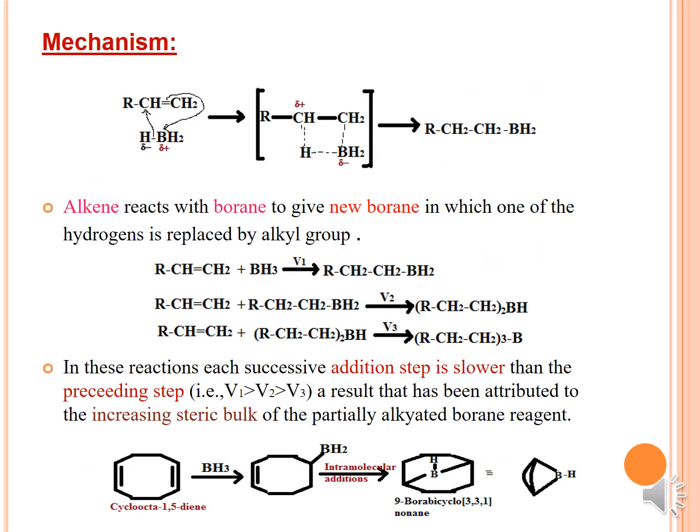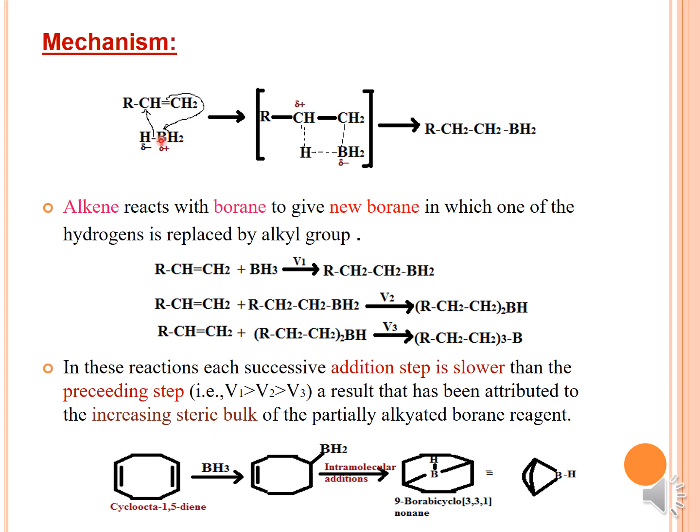Moving on to the next slide. In the mechanism, when an alkene is treated with BH3, if you open it up, you can write it as BH2-H. The boron will have a partially positive charge, whereas the hydrogen attached will act as a hydride with a partially negative charge.